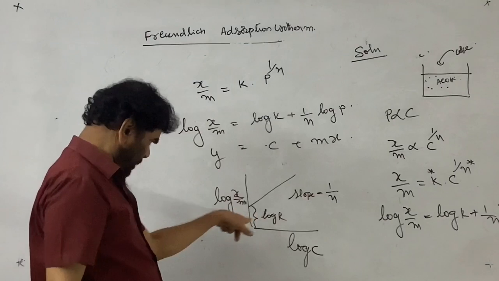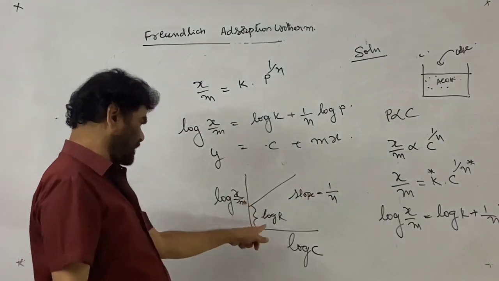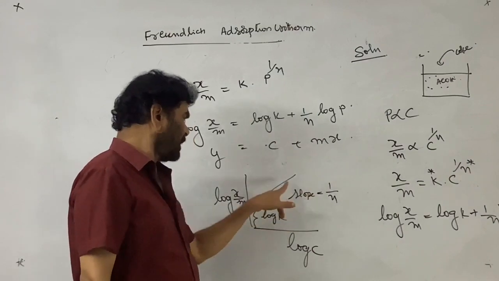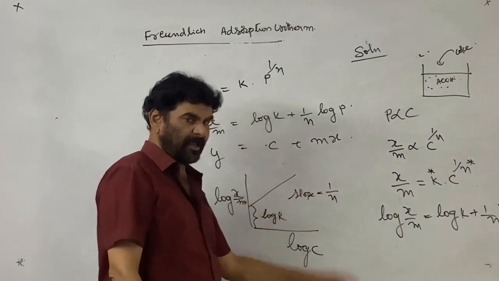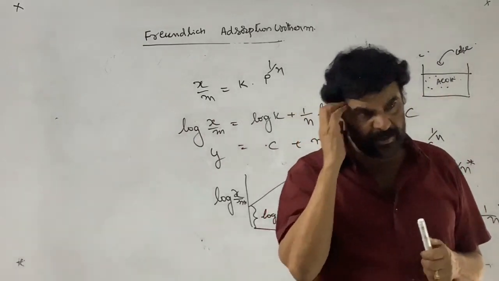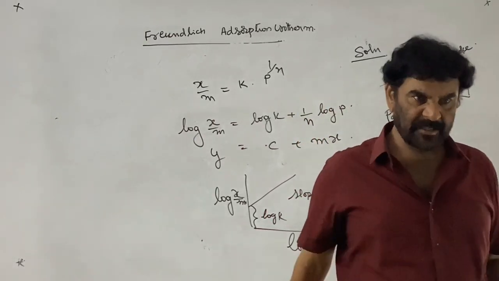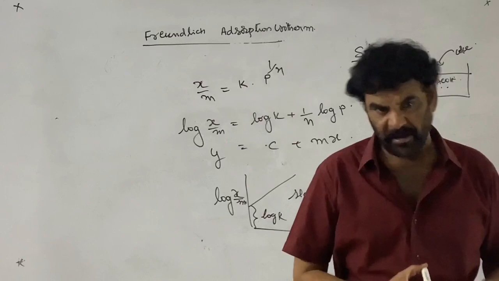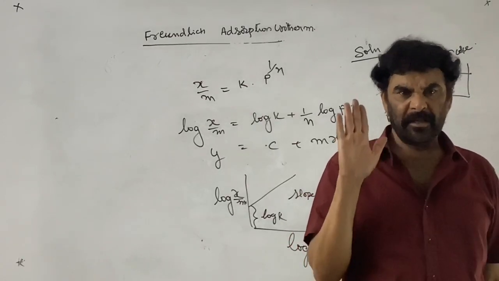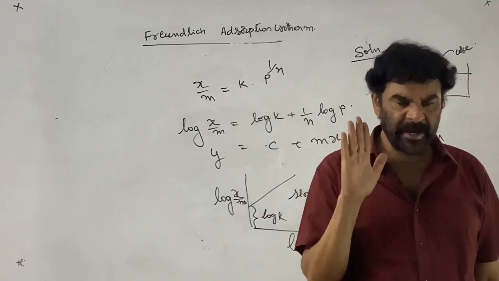The intercept is log k, which is related to a constant, and the slope of the curve is 1 by n. So this is also applicable to the adsorption phenomena taking place in solutions on a solid surface.